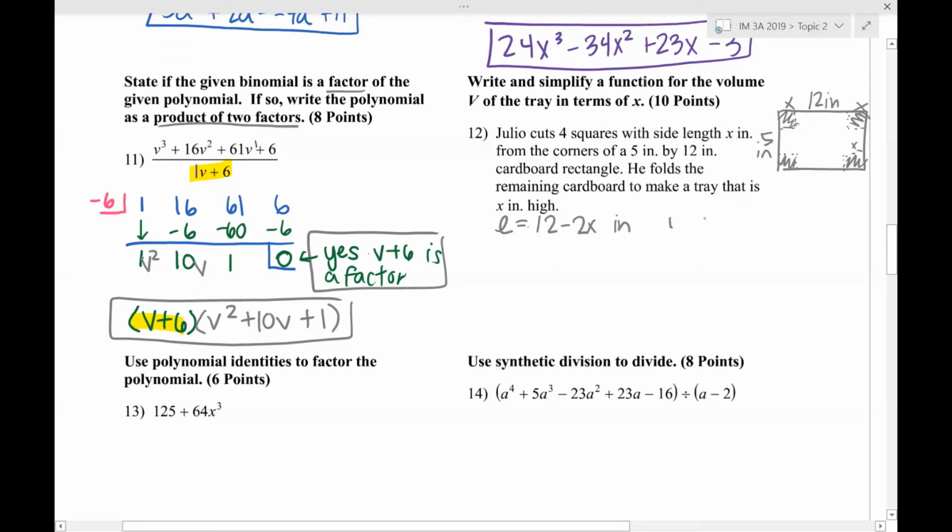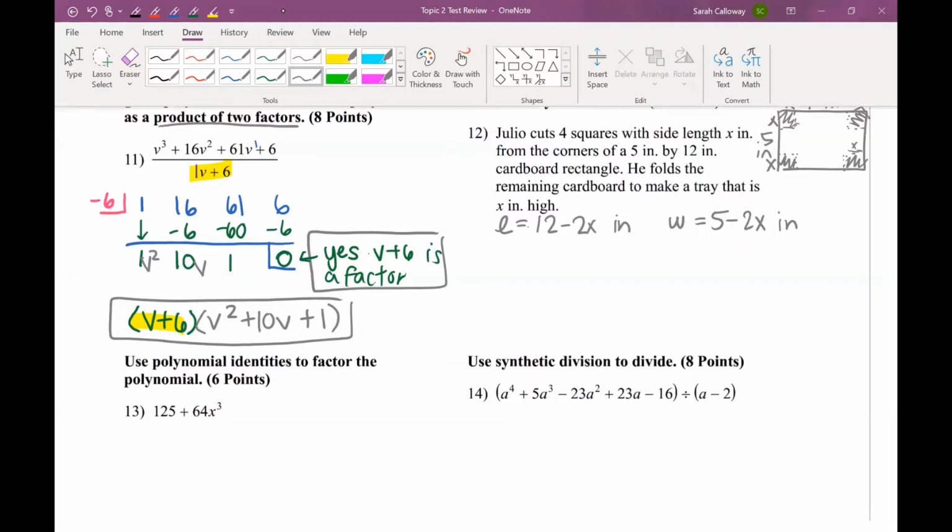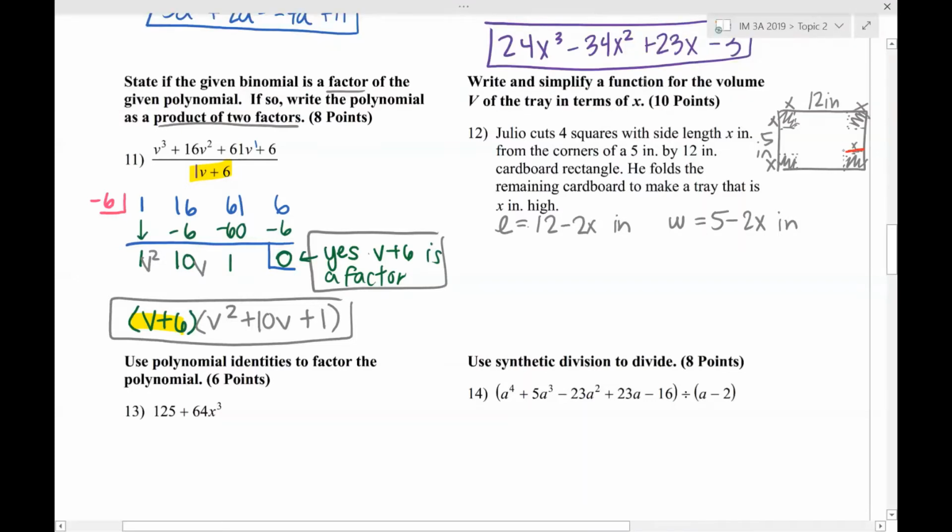And the width, since again these are both x, is now going to be 5 minus 2x inches. If I think about the height of the tray, that would represent this distance here. So this would represent the height because it'll fold up and all these will kind of connect to each other. And so if that's the height, that means the height is equal to x inches.